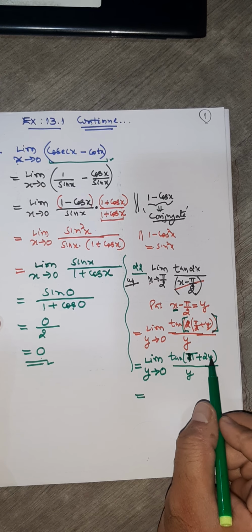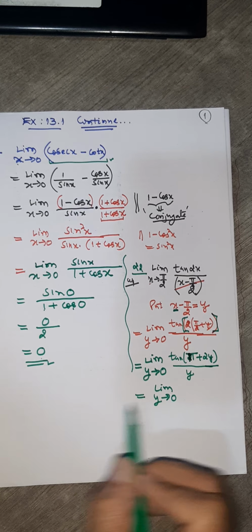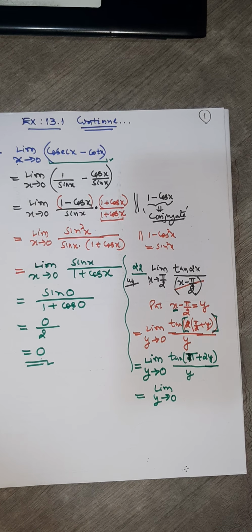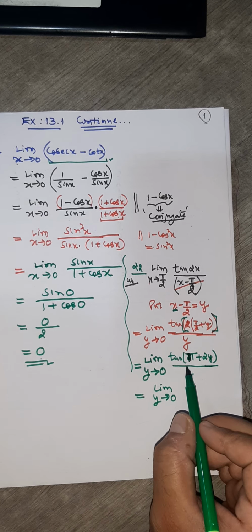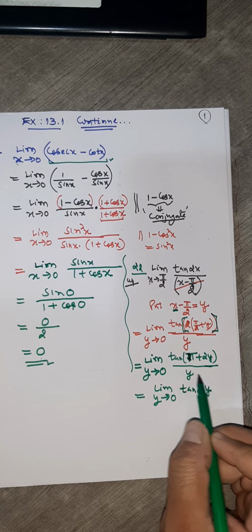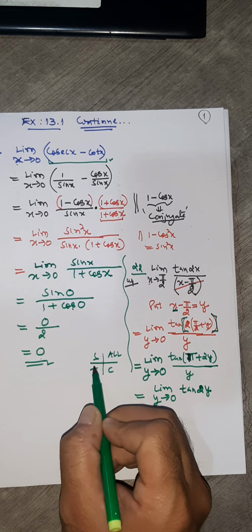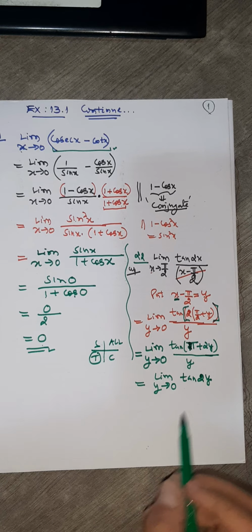Pi plus something. Which quadrant? Third quadrant. Do you remember in third quadrant tan is positive or negative? You know it is positive. So it is just tan 2y. All STC. Do you remember?